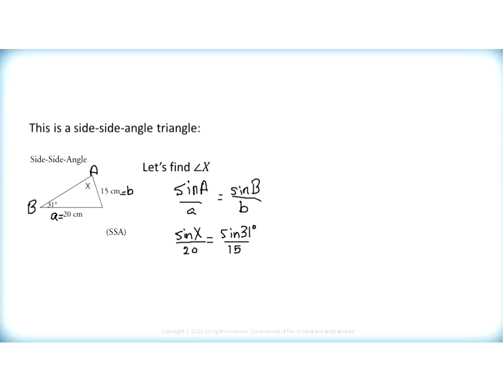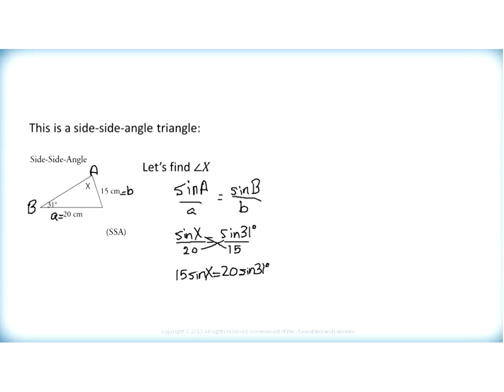Once again, now I can cross multiply if I want to get rid of these fractions. I'll show you another way in a minute. That means we now have 15 times sine x is equal to 20 times sine 31 degrees. Lastly, we're looking to get x by itself. That's the ultimate goal here.